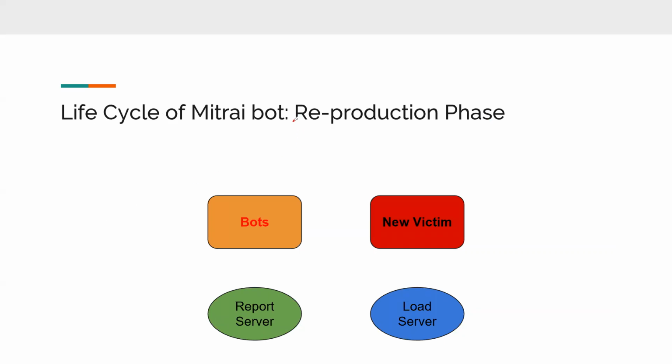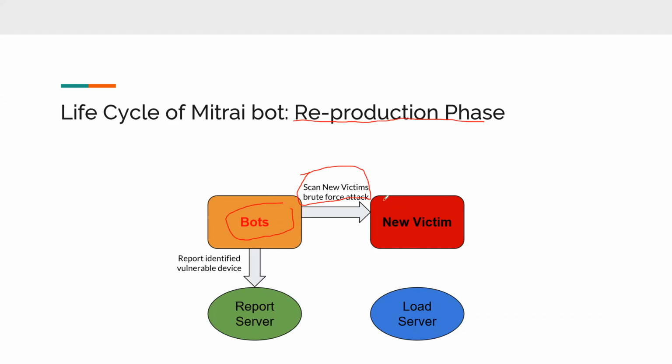The first phase is the reproduction phase. So let's start the animation. You can see that first the bots are searching for new victims using the brute force attack. And once a new victim is found, it reports to the reporting server with the IP address, username, and password.